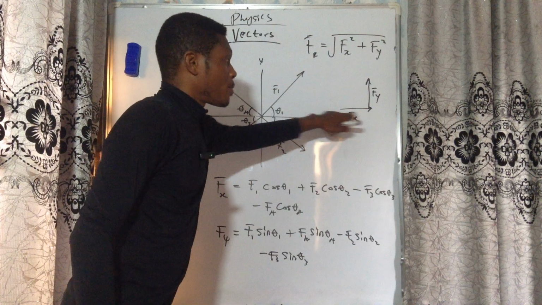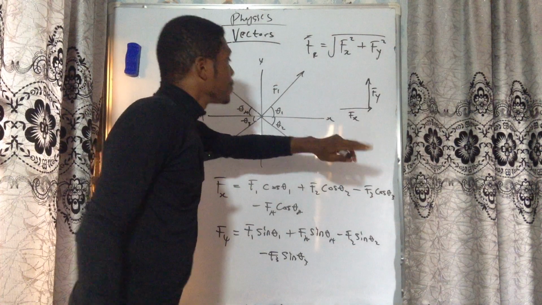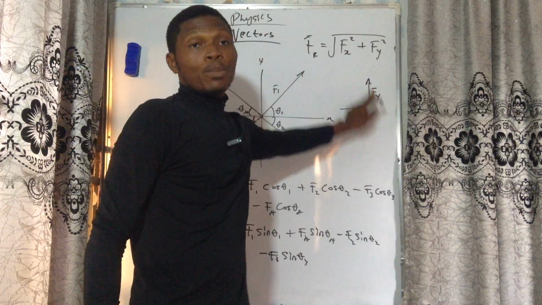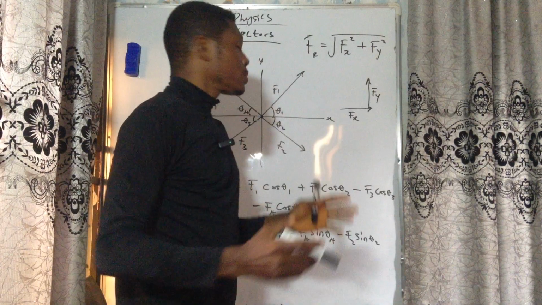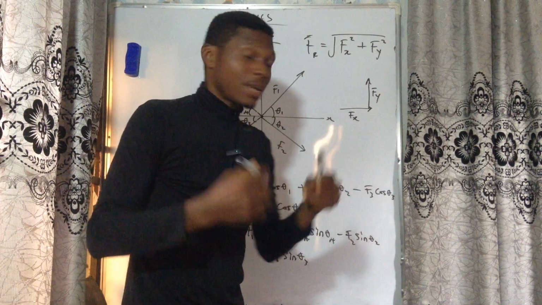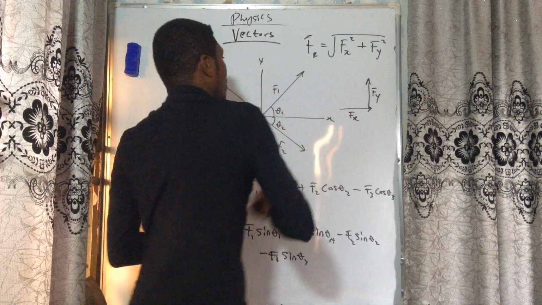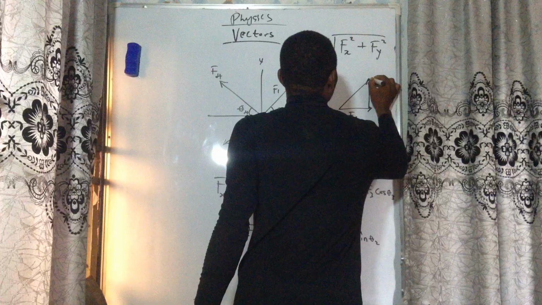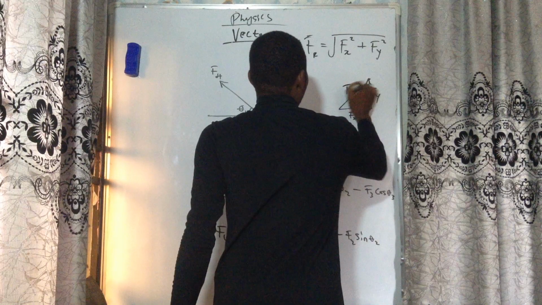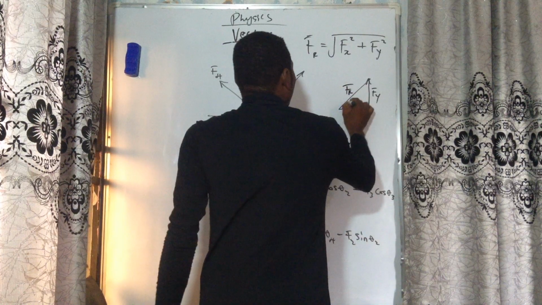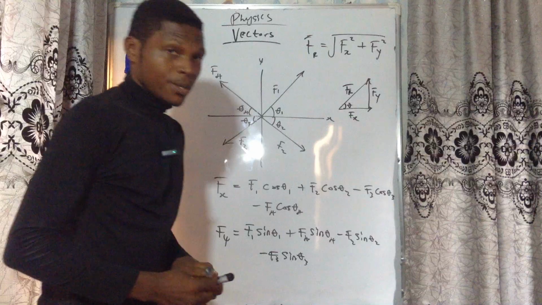This is the sum of all the horizontal components, and this is the sum of all vertical components. Remember, to sum vectors using the triangular law, it is from tail to tip. So this is the resultant, your FR. Now this is the angle theta. You see?